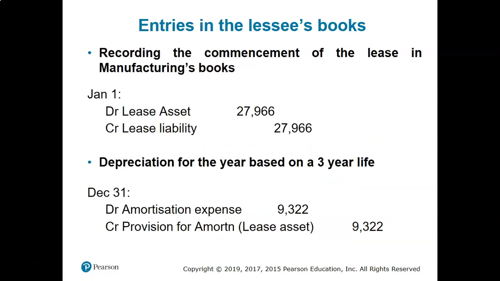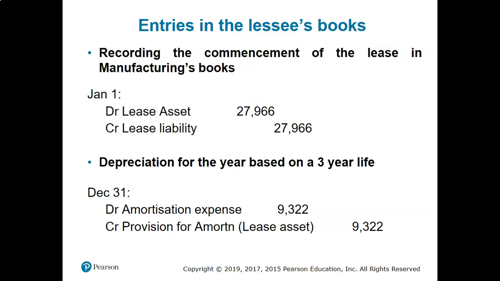And at the end of the first year, every year of the 3 years life, as usual, we have to recognize depreciation of the asset, what we can call amortization or depreciation expense. There are different depreciation methods. If you use the straight line method, every year it would be the same, equal amount of depreciation.